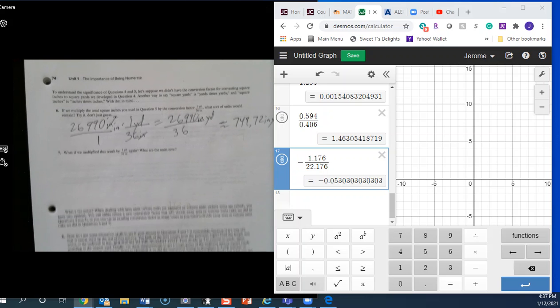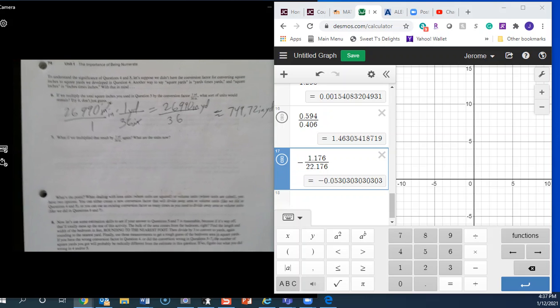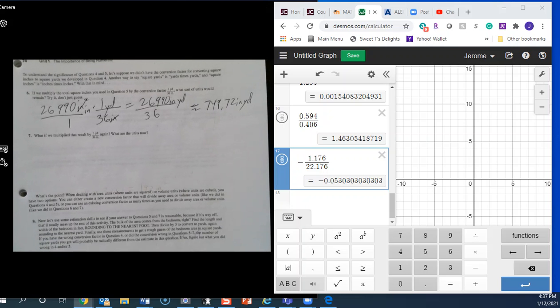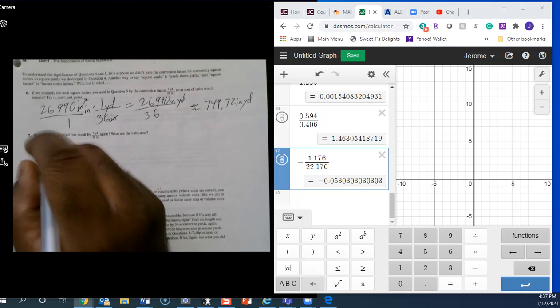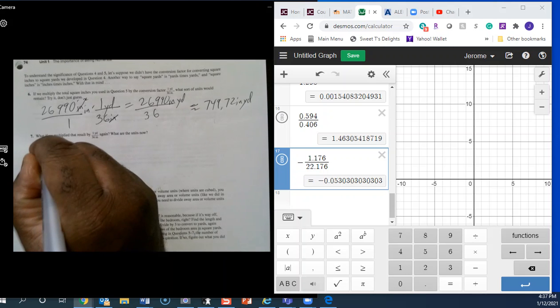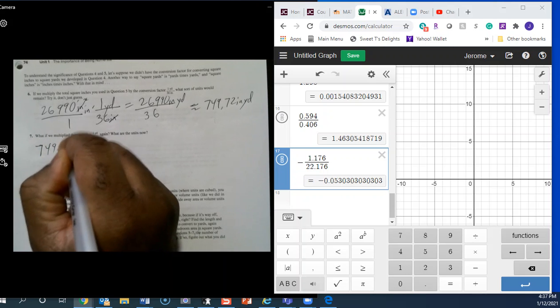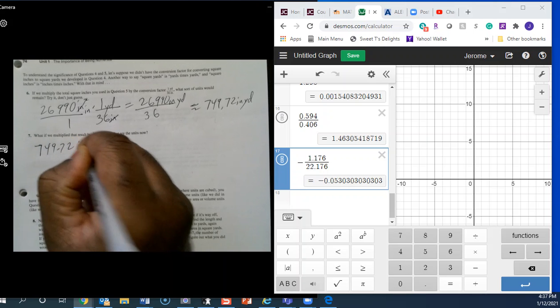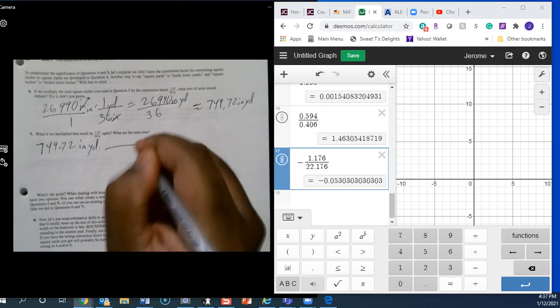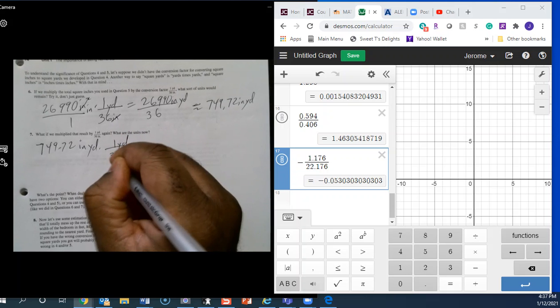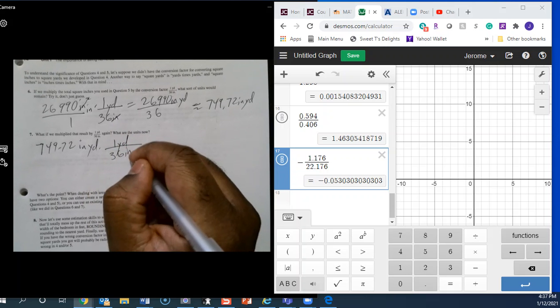Okay, now it says, what if we multiplied that result by 1 yard over 36 inches? So we have 749.72 inch yards times 1 yard over 36 inches.